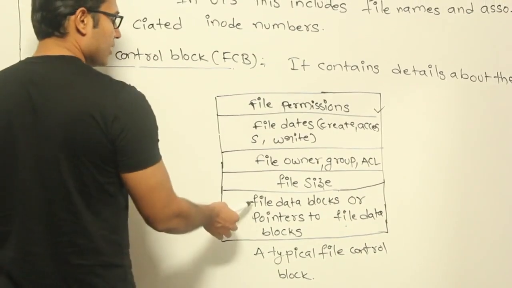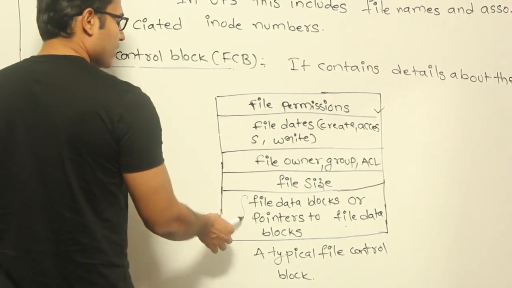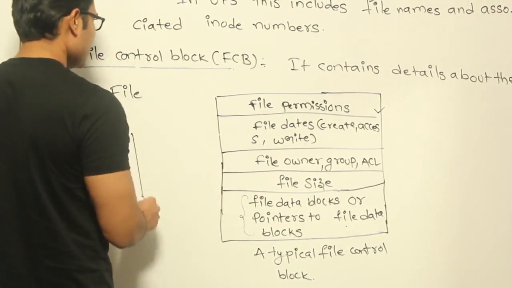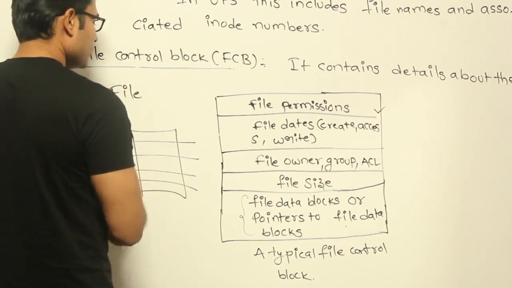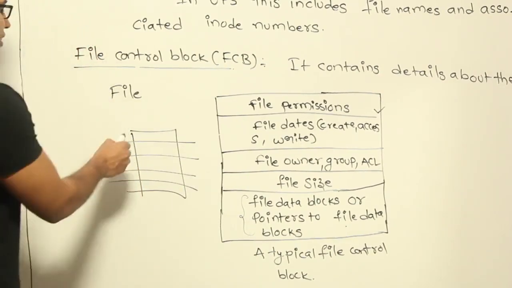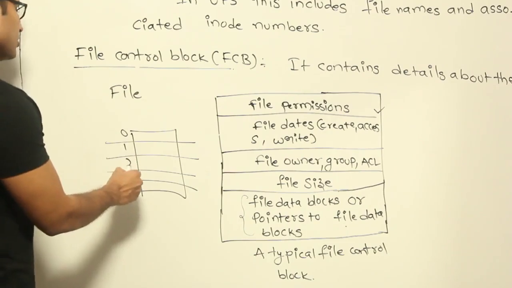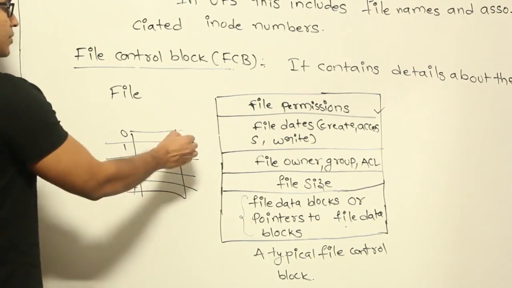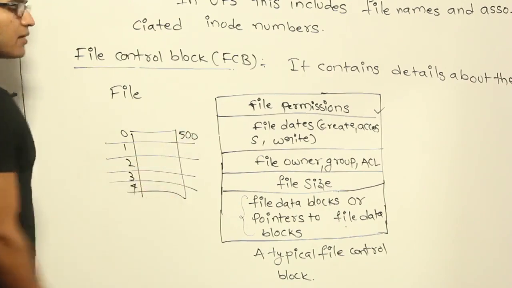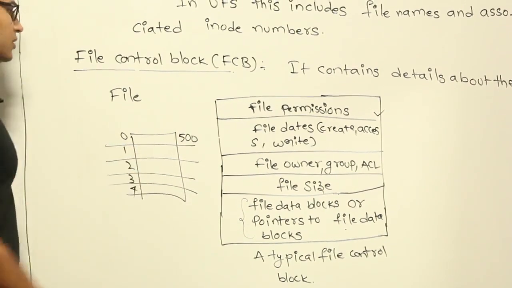So it means that whenever you have a file, that file will contain many blocks, and all these logical blocks have to be mapped onto the physical blocks, right? Now let us say a file contains block number 0, block number 1, block number 2, block number 3 and 4. Now this block may be mapped to block number 500 in this volume or the partition, right?